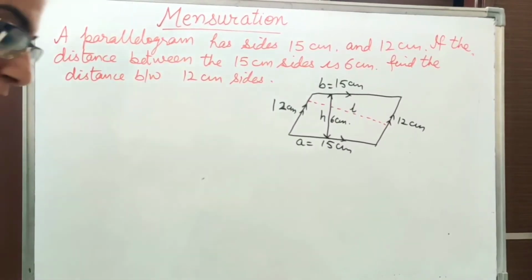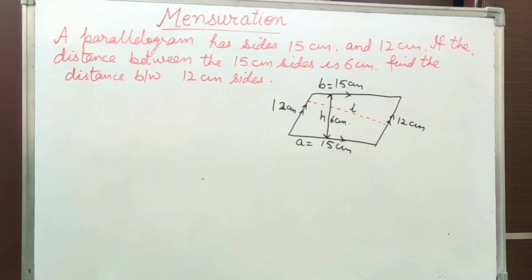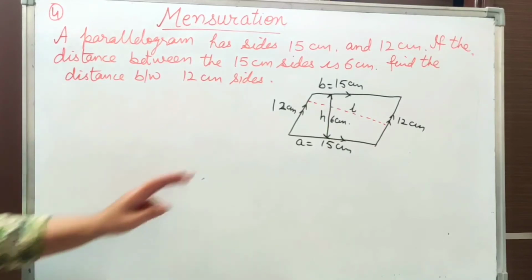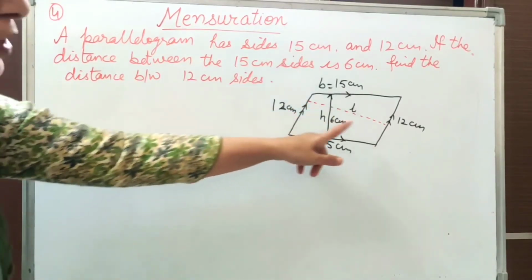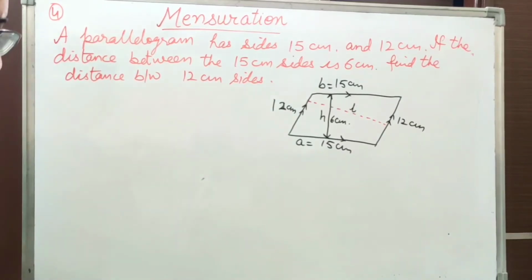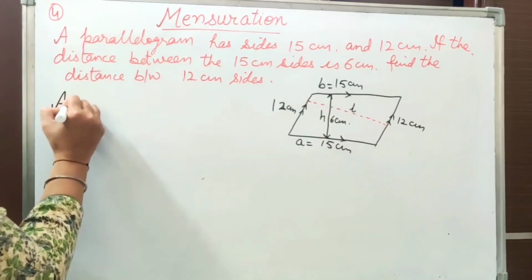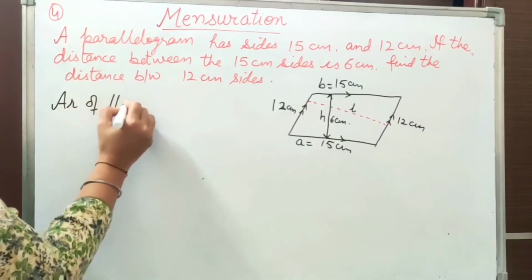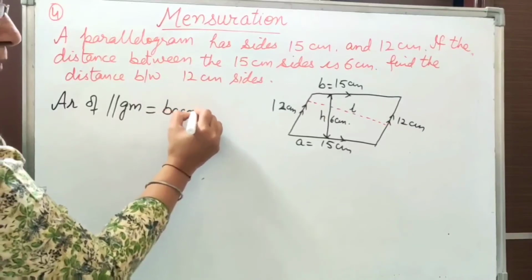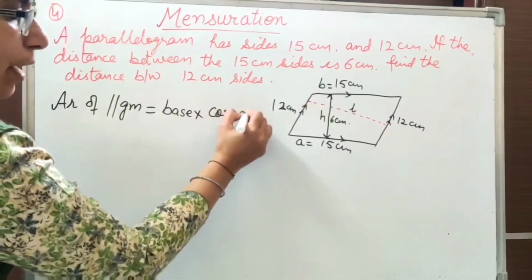Now here I have taken this question. It is given a parallelogram has sides of 15 centimeter and 12 centimeter. If the distance between the 15 centimeter sides is 6 centimeter, find the distance between the 12 centimeter sides. So student, we know that area of parallelogram is base multiply corresponding height.